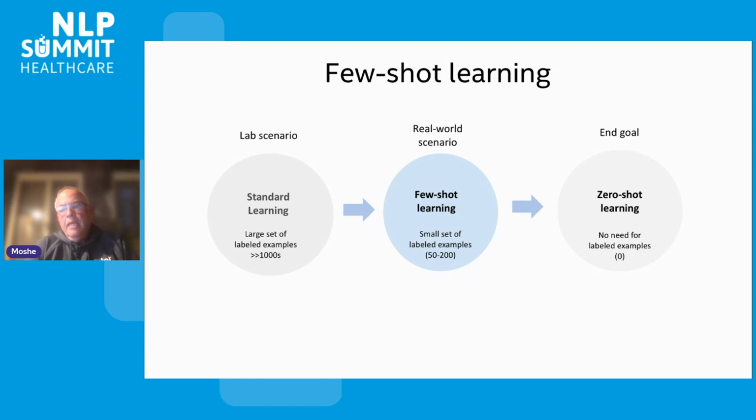Few-shot learning is the most typical scenario in production because labeling of data is time-consuming and costly, and commercial environments are very dynamic and contain domain shift between test and training data and always need continuous training and fine-tuning.